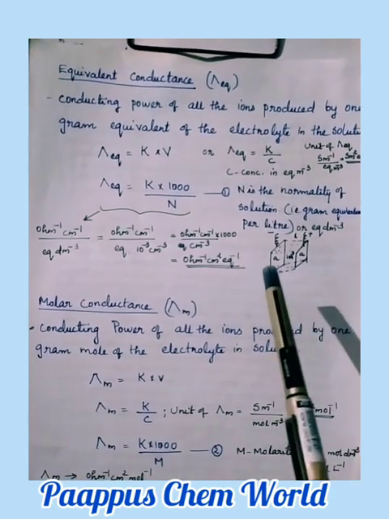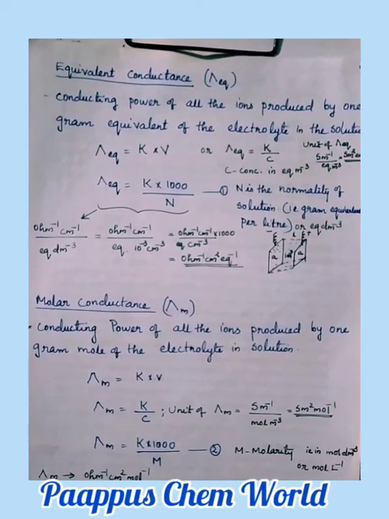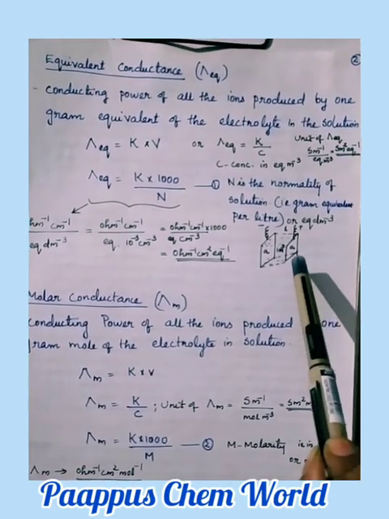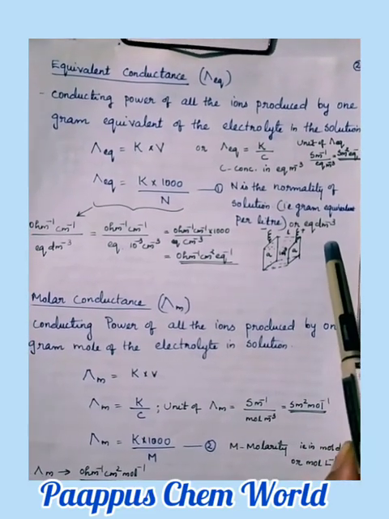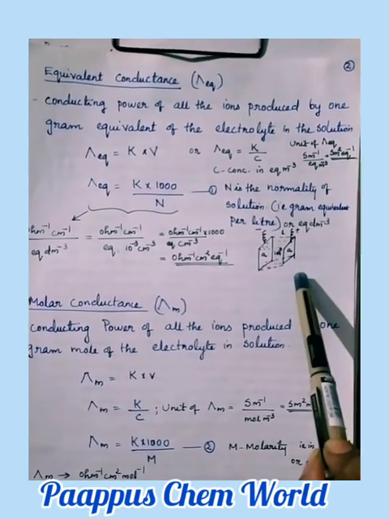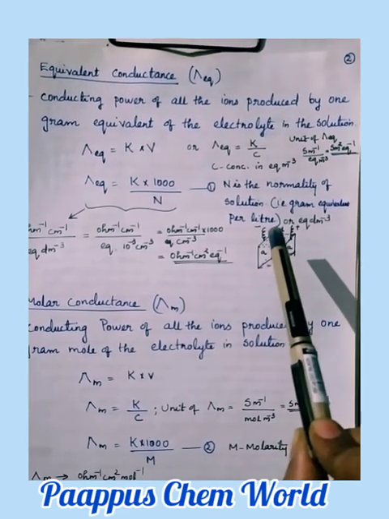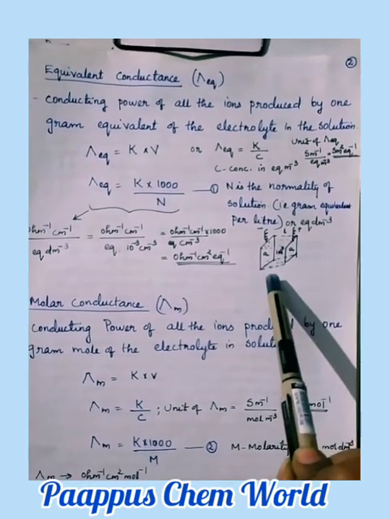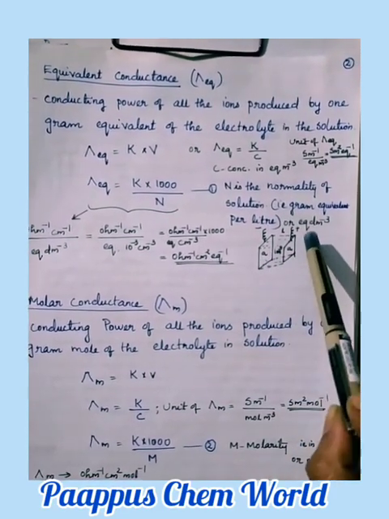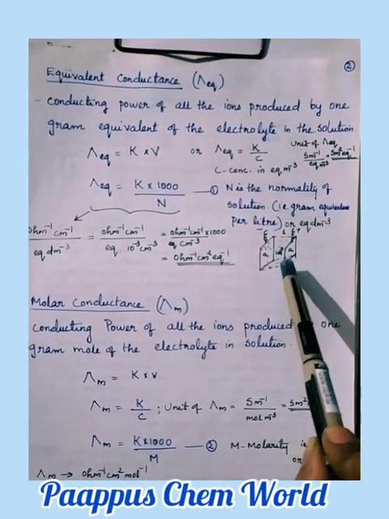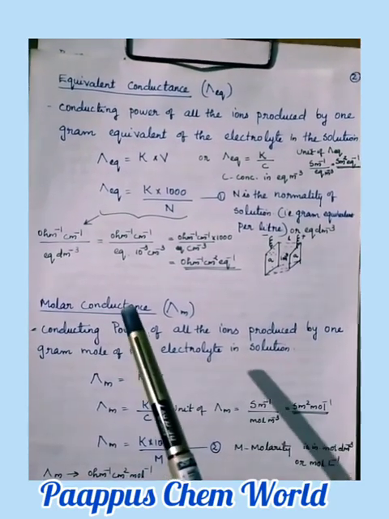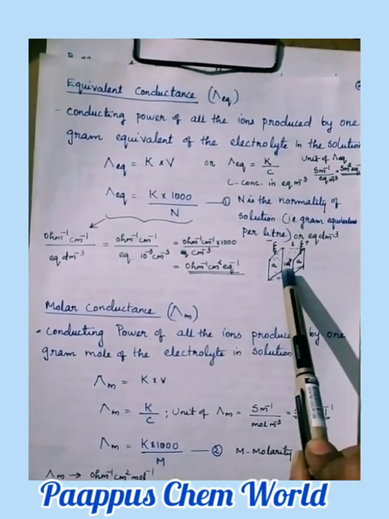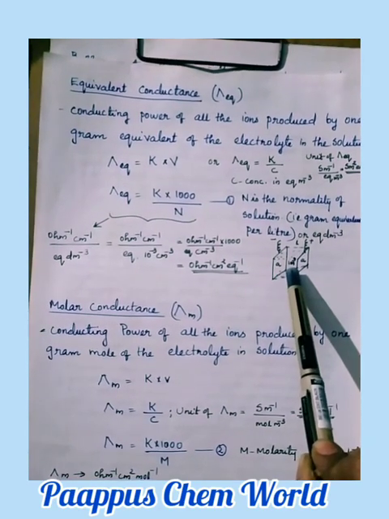The area of cross section of the electrode plates is unit meter square or unit centimeter square. And the electrolytic solution is filled in between these two electrodes. Hence, the volume of electrolytic solution is 1 meter cube. We have already discussed that the conductance of 1 meter cube of solution is known as specific conductance.